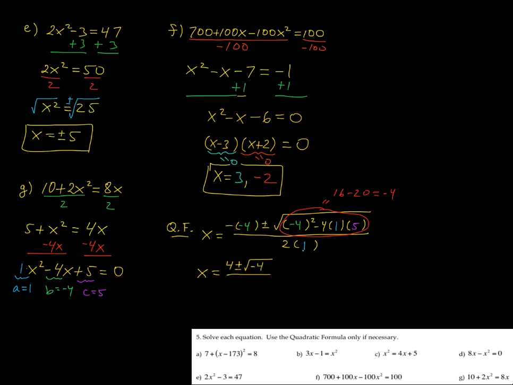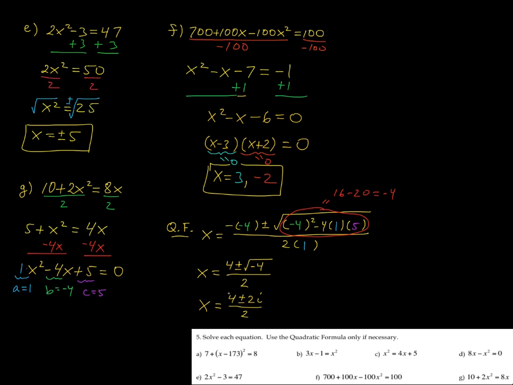And then we're dividing all of that by 2 times 1, which is 2. All right, so now let's go ahead and rewrite the radical. So this is 4 plus or minus. And now the square root of 4 is 2, and the square root of negative 1 is by definition i, so this is 2i. And then again, we're dividing all of that by 2.